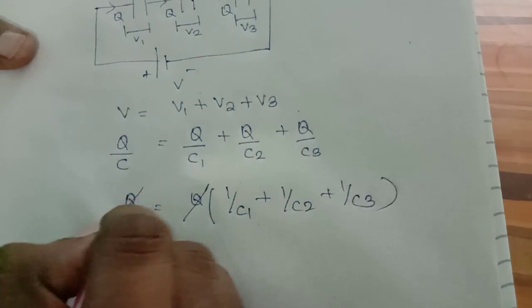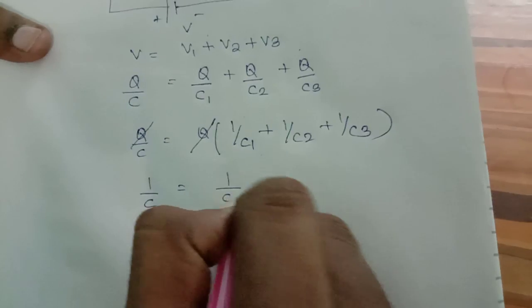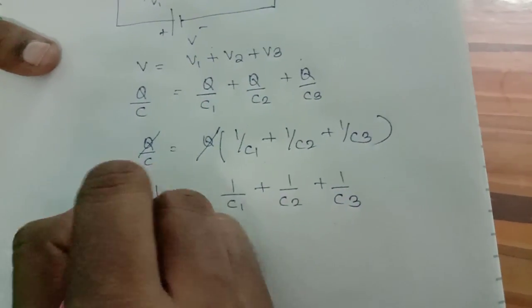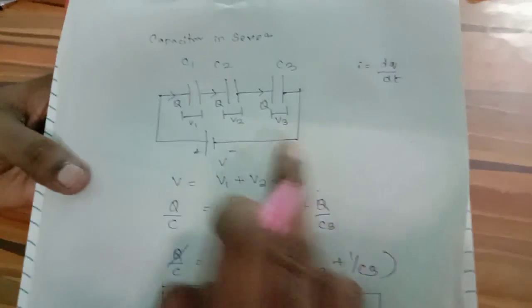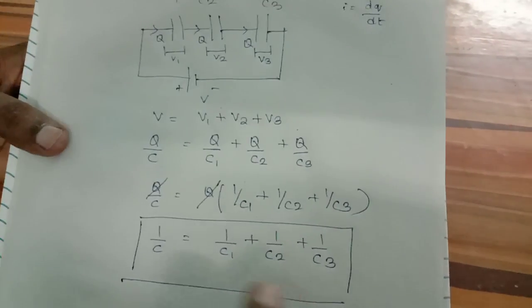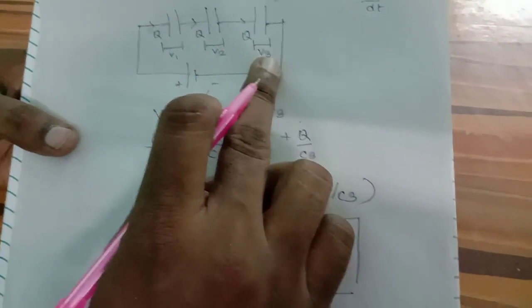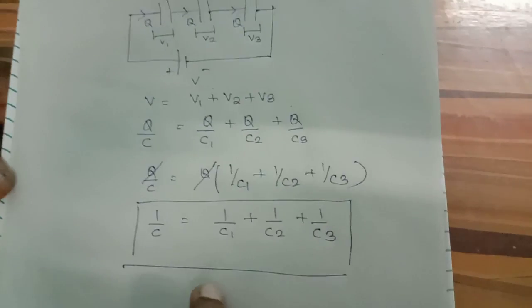Cancelling Q on both sides, 1 by C equals 1 by C1 plus 1 by C2 plus 1 by C3. In simple words, if capacitors are connected in series, the capacitance value is reduced. It is the inverse of resistors: if resistors are connected in series the values add, but in capacitors the value is reduced.